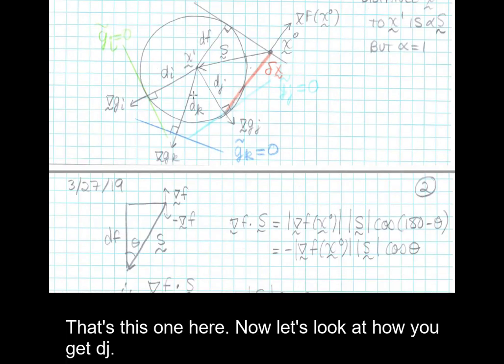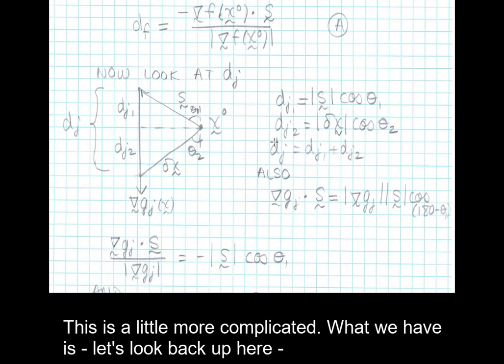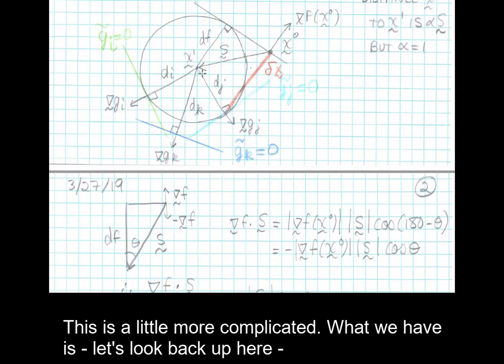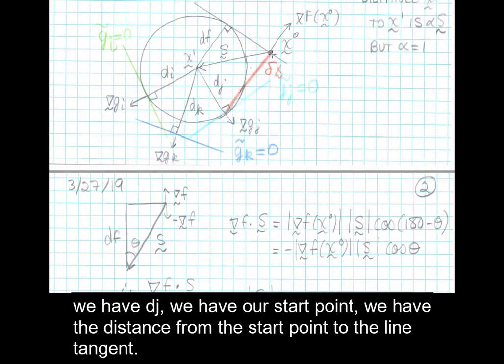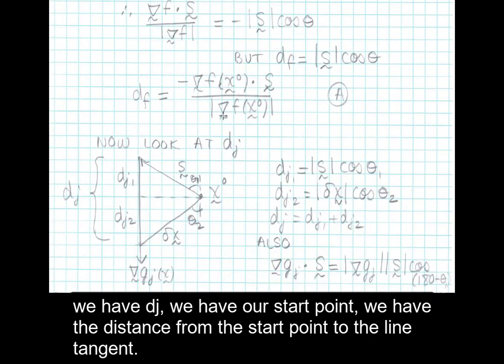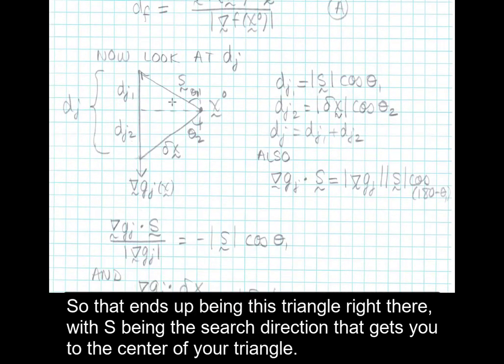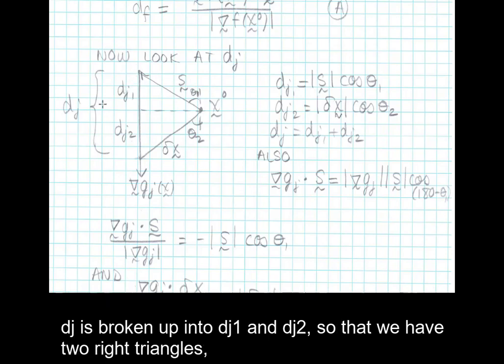Now let's look at how you get dj. This is a little more complicated. Let's look back up here. We have dj, we have our start point, and we have the distance from the start point to the tangent line. That ends up being this triangle, with s being the search direction that gets you to the center. dj is broken up into dj1 and dj2 so that we have two right triangles.